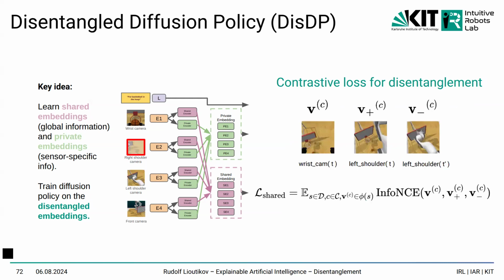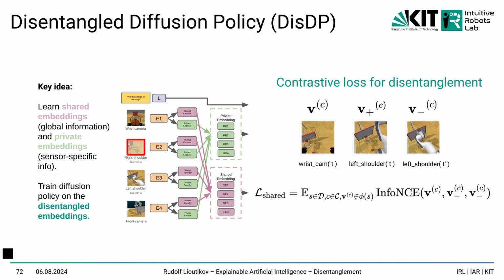So what does this look like for us? Since we don't want to use any additional labels, and don't want manual labeling of what a positive or a negative example looks like, we do this in a self-supervised way, meaning that we use information that we already have. One piece of information we have is the temporal axis of the data points, right? So for instance, we take the wrist cam and the shared information, and we say: if something happens at time step t, and I have this information contained in my wrist cam, then a different camera at the same time step should contain the same information.